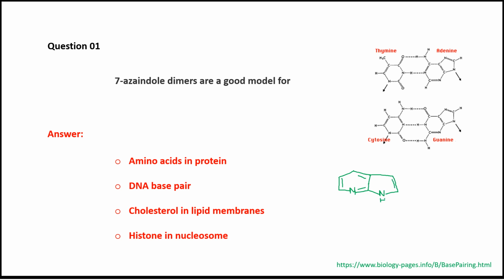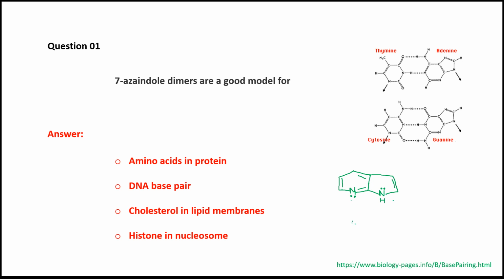As you know, in indole there is a proton on this side, and the lone pair of the nitrogen of this indole ring is delocalized within the ring, while the lone pair of this other nitrogen is outside of this aromatic 6 pi electron ring system. In this case the nitrogen is sp2 hybridized, while in this case it is sp3 hybridized.